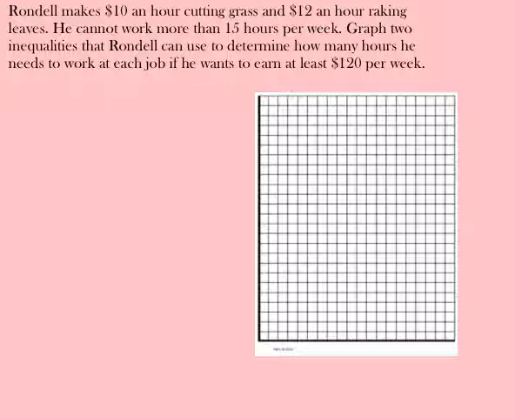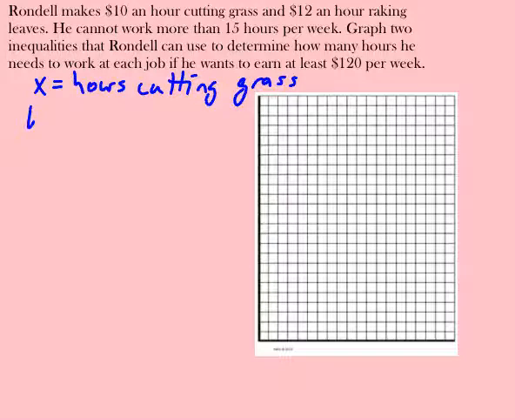So let's make this one. This one's a little bit easier. This one's just 2, because we got to figure out our money. So he makes $10 an hour cutting grass. So I like to set x equal to hours cutting grass, y equal to hours raking leaves.